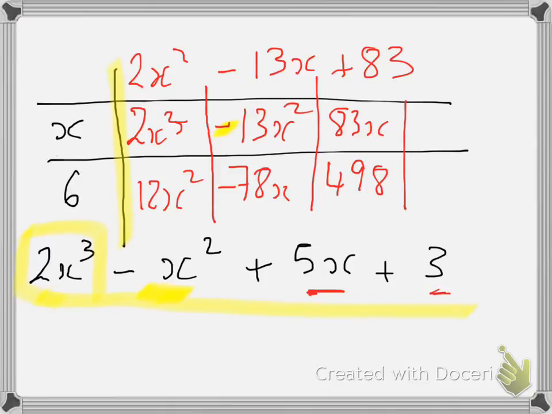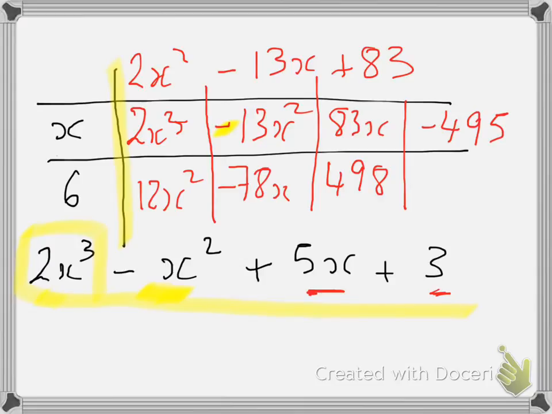But we want to have 3 units, so I need to subtract, minus 495.